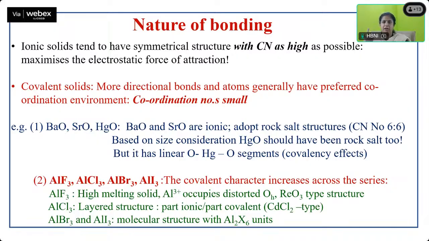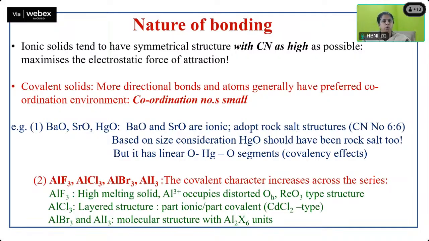It operates around more than one layer, the second layer too. So, because it wants to maximize the attraction, if I concentrate on a particular ion, it will try to accommodate as many unlike ions as possible around it. So it will tend to adopt as high a coordination number as possible.